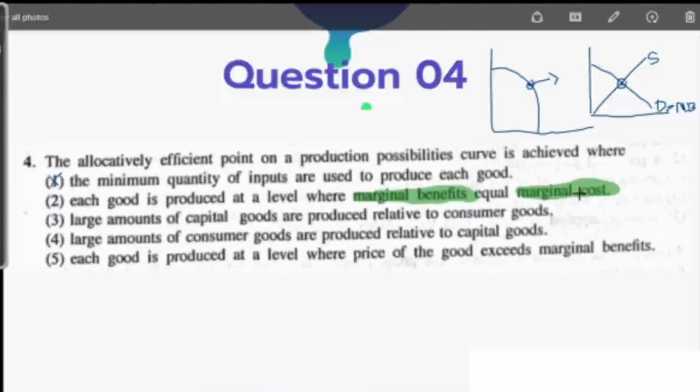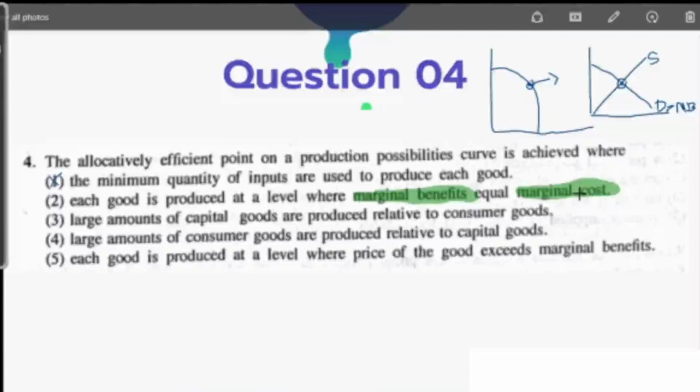Marginal cost is the extra cost incurred when increasing the output by one more unit. Production cost is paid by producers. Therefore, marginal cost is paid by suppliers. What is happening to marginal cost when you increase the production, when you keep on producing more and more goods?